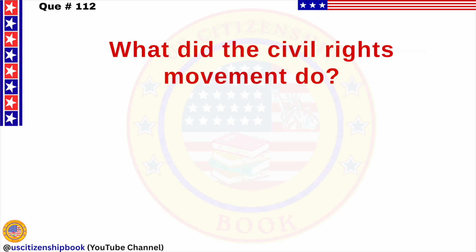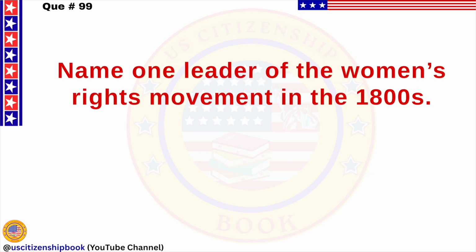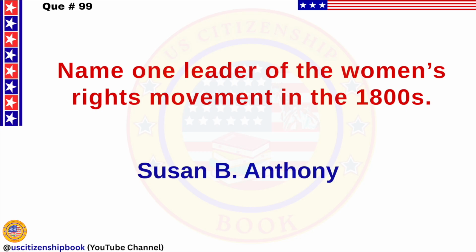What did the Civil Rights Movement do? Fought to end racial discrimination. Name one leader of the women's rights movement in the 1800s. Susan B. Anthony.